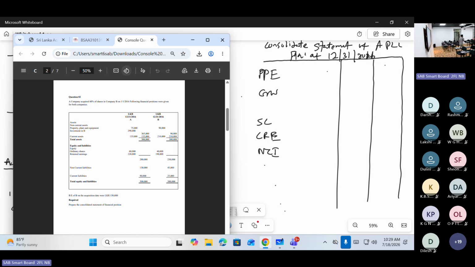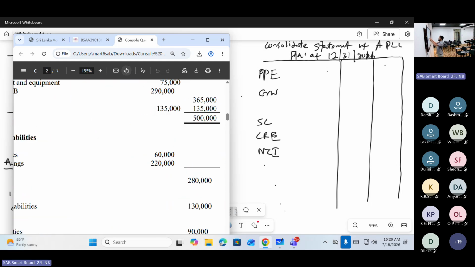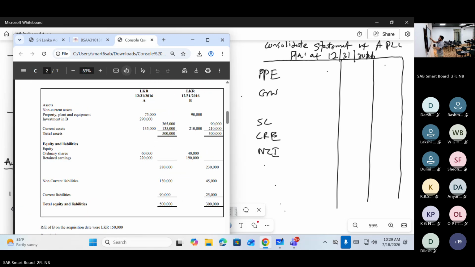Now I am going to calculate goodwill. For the goodwill calculation, we need to understand the parent's investment and the subsidiary's net assets at the acquisition date. The parent investment is 290. Cash is credited and the investment in B is debited, 290.